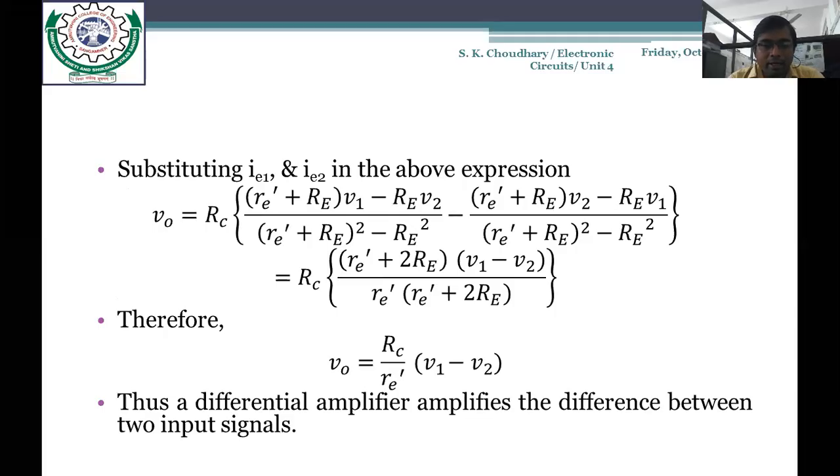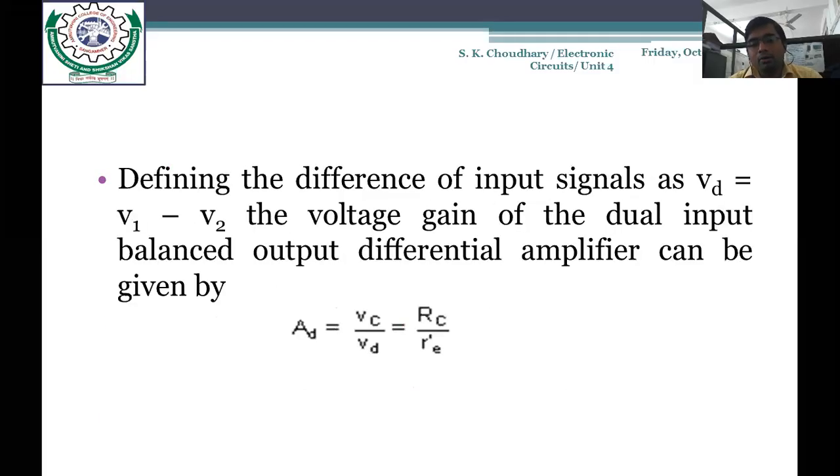We found that the difference mode gain is the collector resistance RC upon RE dash. RE dash is the emitter resistance or internal resistance of the transistor, because we are using the r parameters. So this is the ratio of resistances for finding the difference mode gain that we defined yesterday.